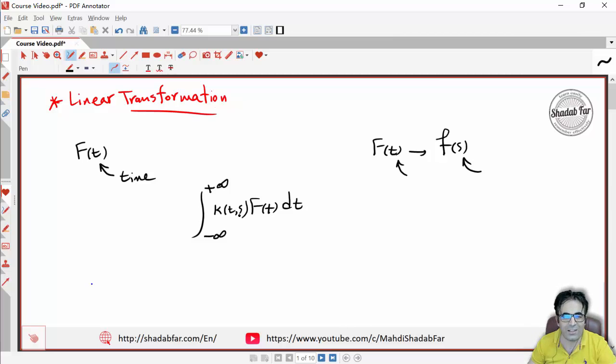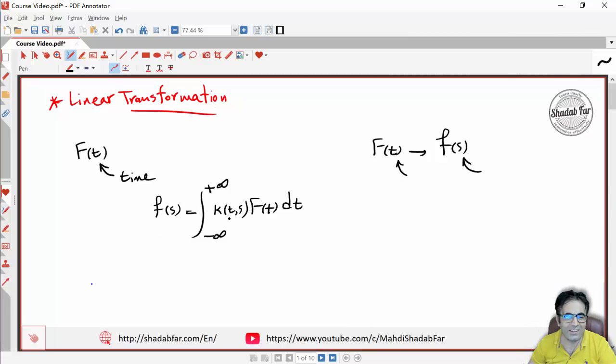So the answer of this integral is definitely going to be a function of s. Why? Because I'm taking the integral on t, right? So there would be no t in the answer. We would only have s in the answer. So the answer of this integration is going to be a new function, which is a function of the variable s.